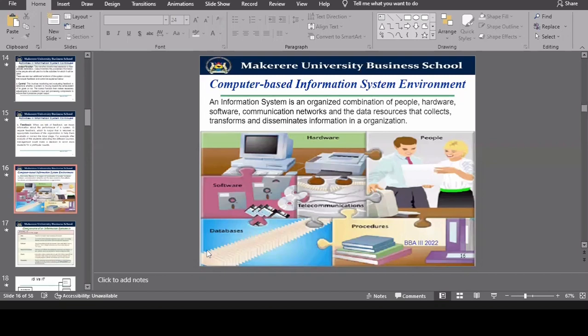Transforms is processing, dissemination is the output function or the distribution. So there are about 6 elements, where we have hardware, software, telecommunication, databases, procedures, and people. Those are the different elements which, when brought together, help us perform the functions of data management.